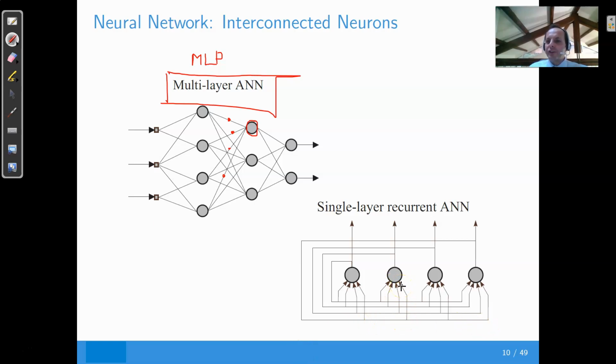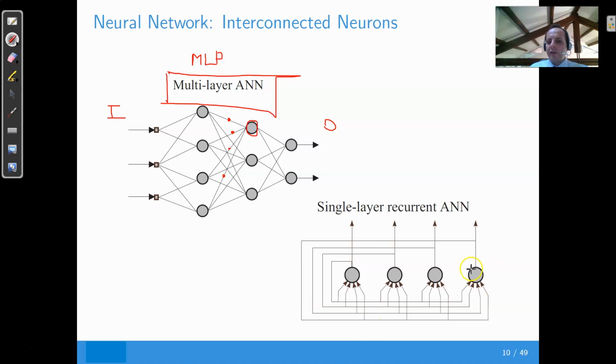So the structure is different, because in a simple multi-layer structure there is no explicit feedback. The flow of the information goes from the input I to the output O, and the behavior is static. It means that the output is a static function of the signals of the input.